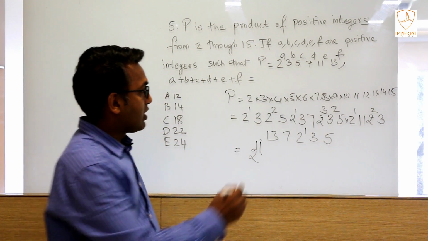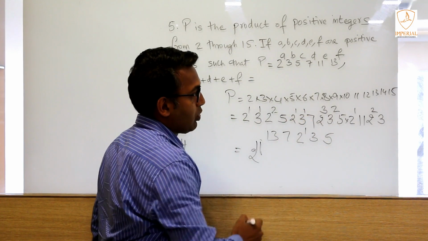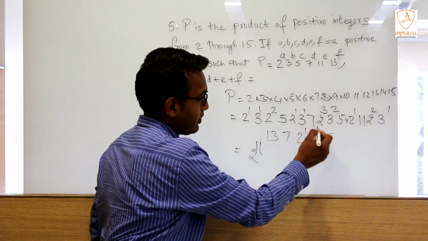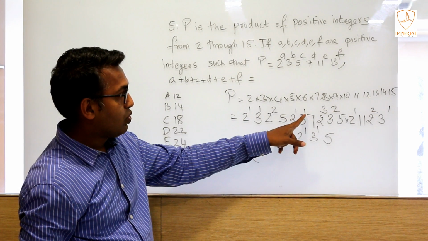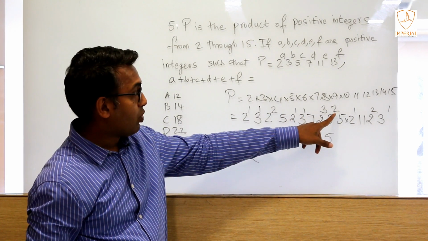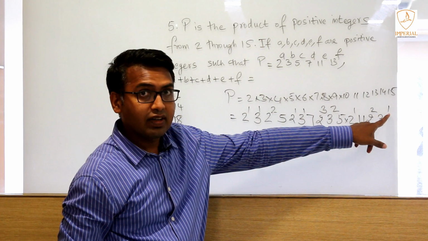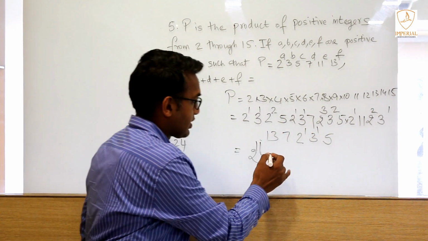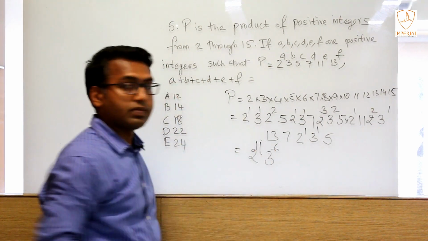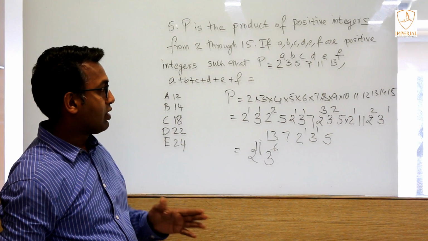Let's now count the 3's. Here you have 1, 1, so 1 plus 1 is 2, 2 plus 2 is 4, 4 plus 1 is 5, 5 plus 1 is 6. Let's count the 5's.